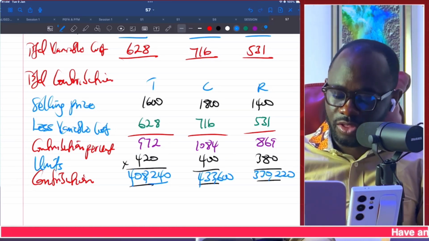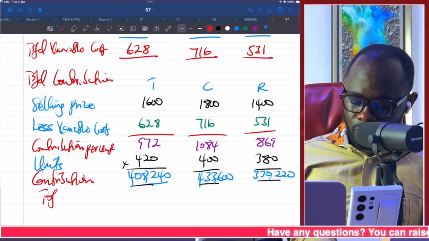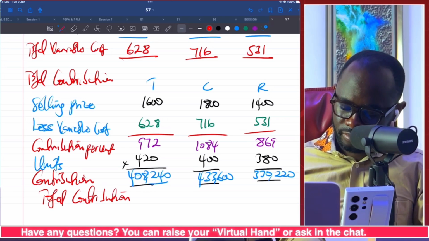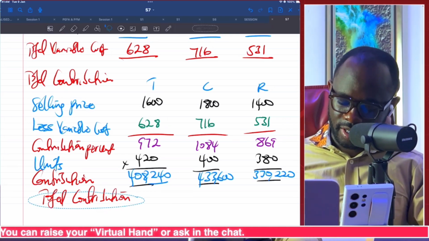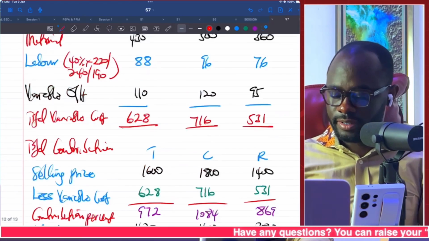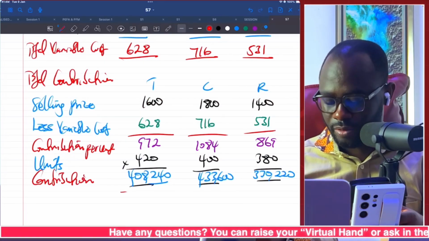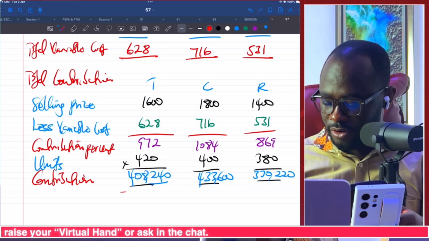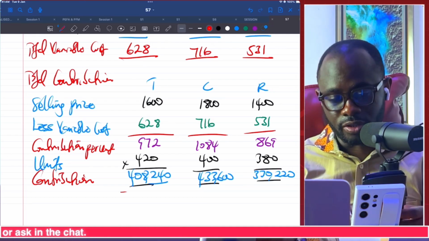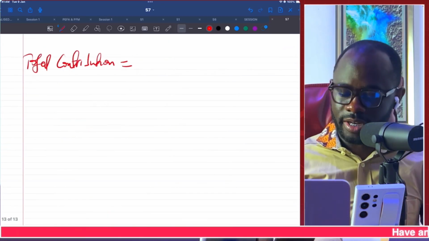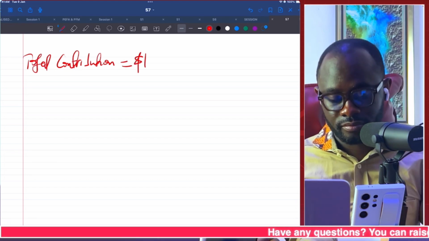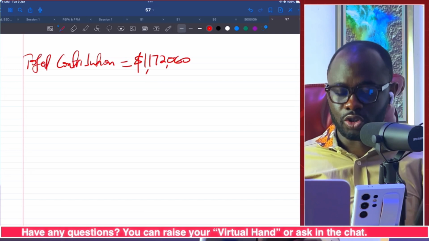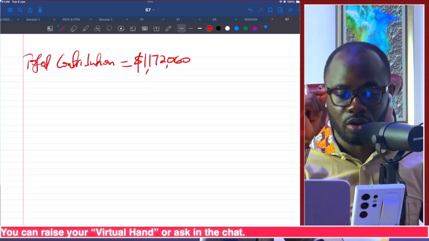So we add the 3 up to give us the total contribution: 330,220 plus 433,600 plus 408,240. And I'm getting 1,172,060. So this is our total contribution.